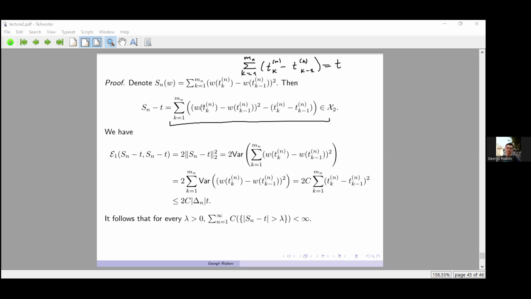Now let's look at summands. Each summand in this sum is actually a polynomial from W of degree 2.